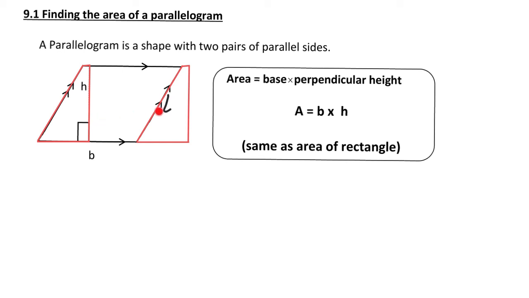And now what I've got is this rectangular shape in here. So we've cut off the trapezium on the left-hand side, and we've got this rectangle, and the length of the base is still b, and the width of the rectangle is the perpendicular height.